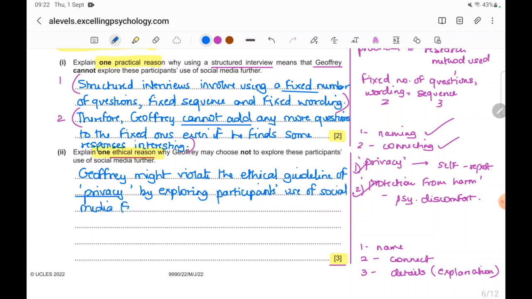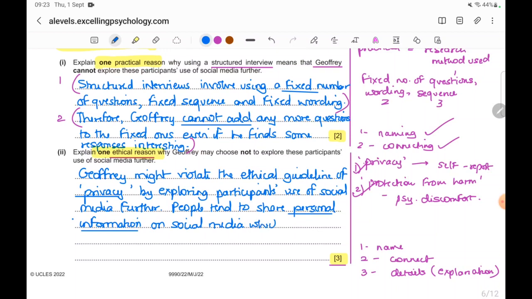Further, people tend to share personal information on social media which they may not wish to discuss with the researcher.